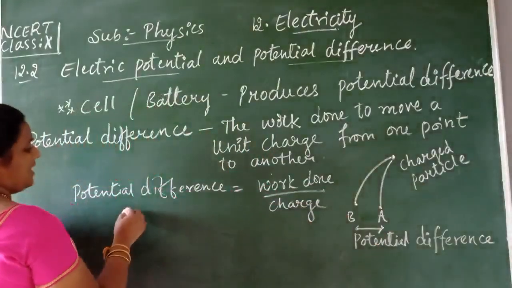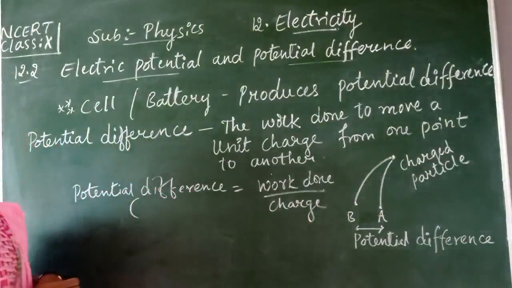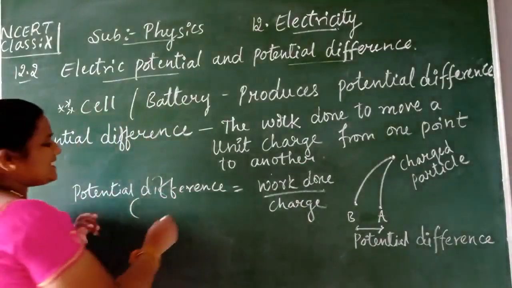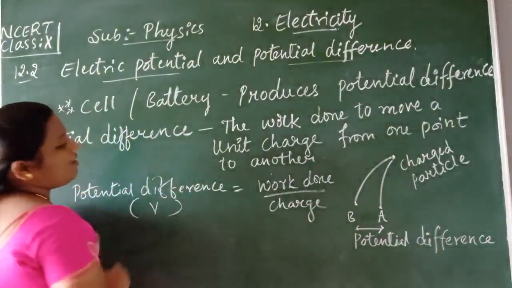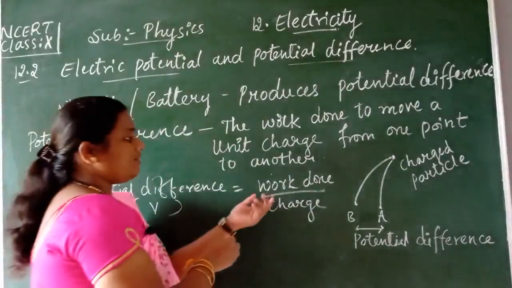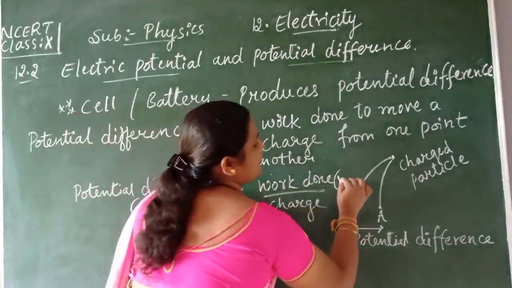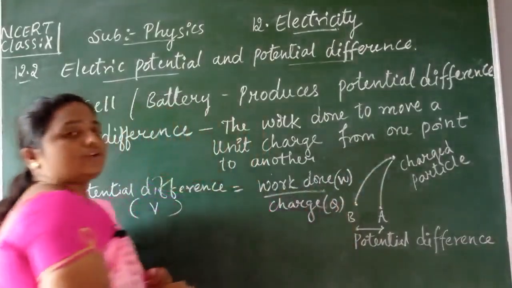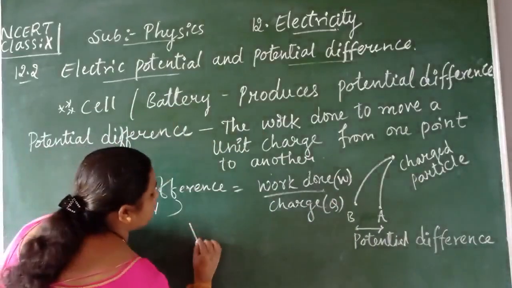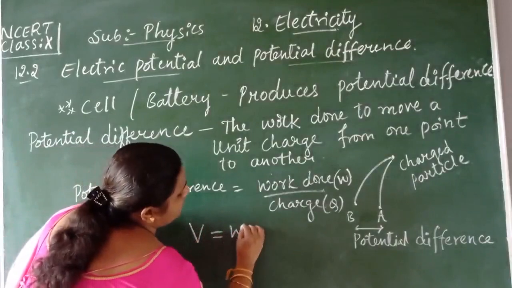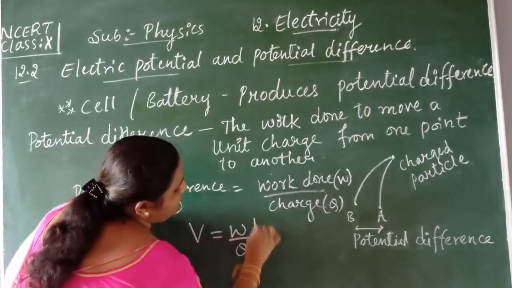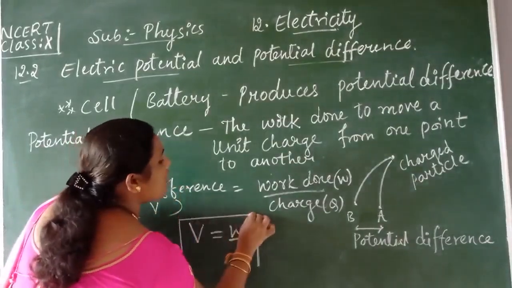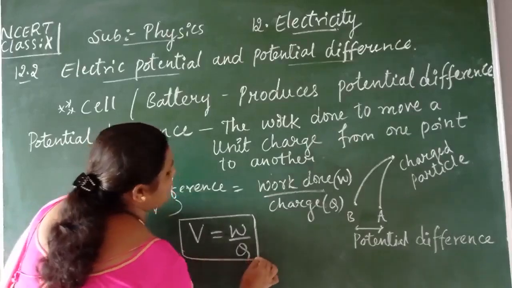That is the meaning. And potential difference is usually represented with the capital letter V, children. Already we know work is represented with the letter W and charge is Q. So we can write that V is equal to W divided by Q is the formula for potential difference.